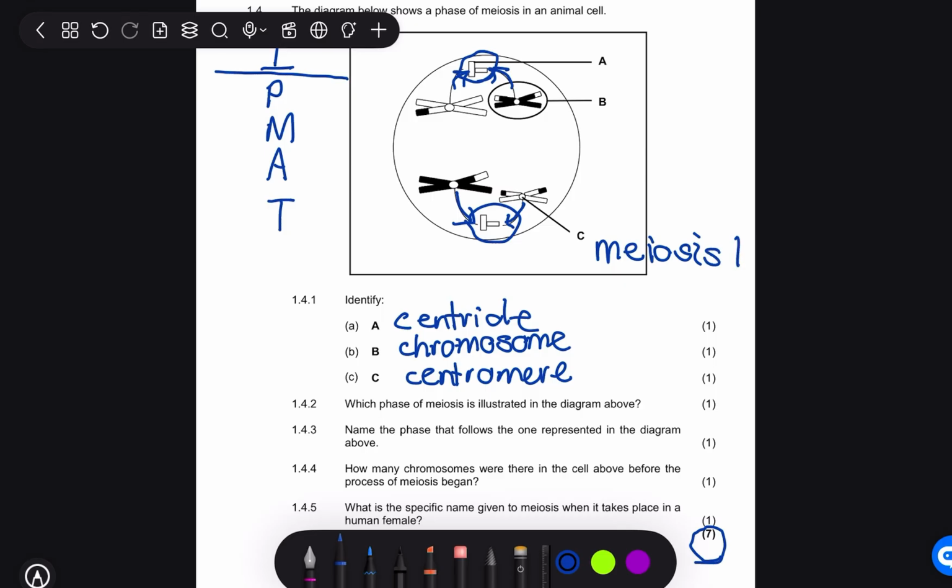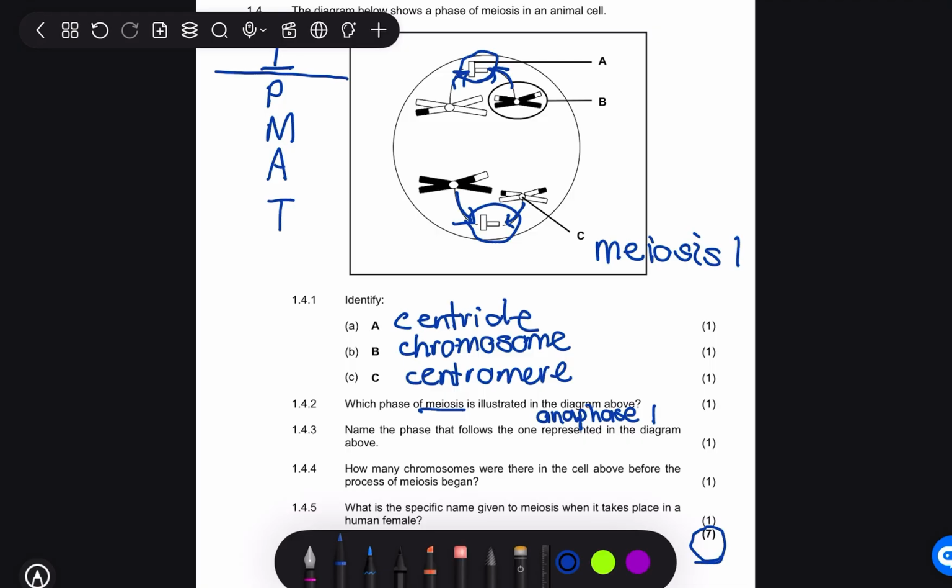Okay, the next question. Which phase of meiosis is illustrated in the diagram? Remembering that we cannot just say the phase is anaphase. We need to specify, because anaphase shows up in both meiosis 1 and meiosis 2. So in this case, anaphase 1.